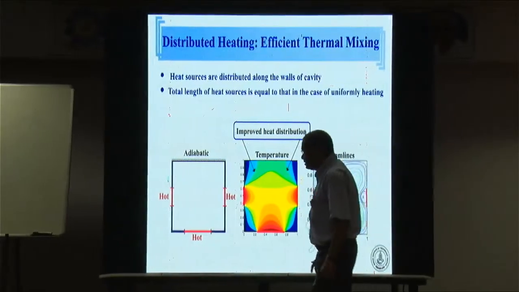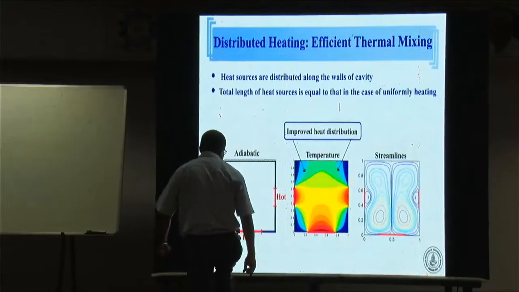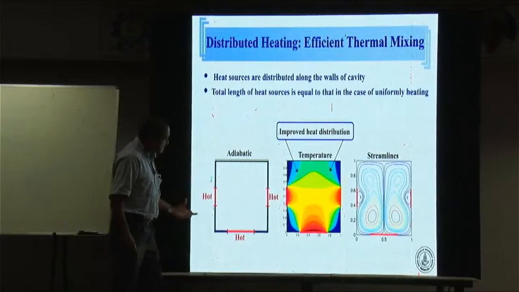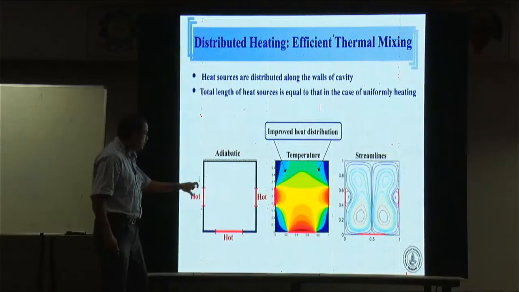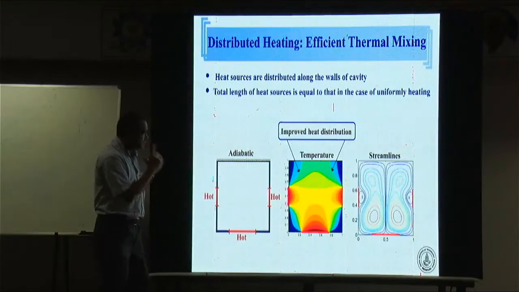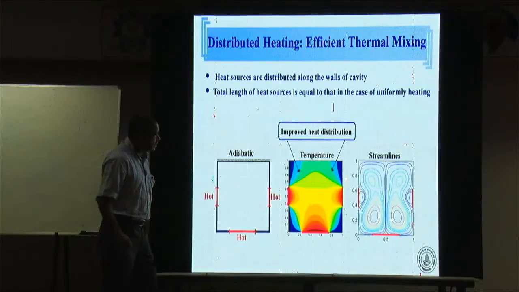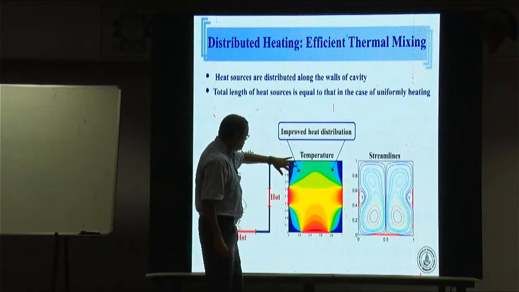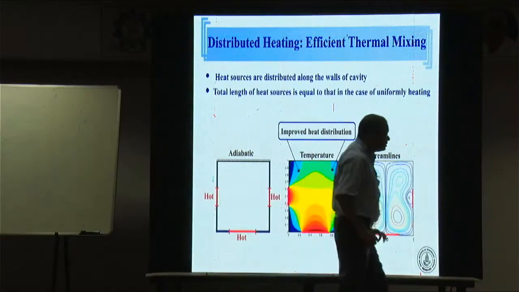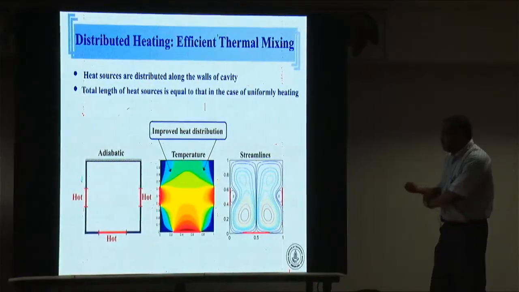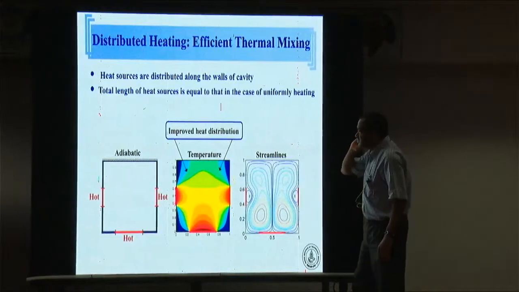So if I say this length is 1, I put 0.5, 0.25, 0.25, and still I maintain a reference heater length of unity, but you can see that the cold pocket is gone here, and you have uniform thermal mixing. This kind of mixing is important for uniform thermal processing and better quality of heating, and this is the complete streamline.